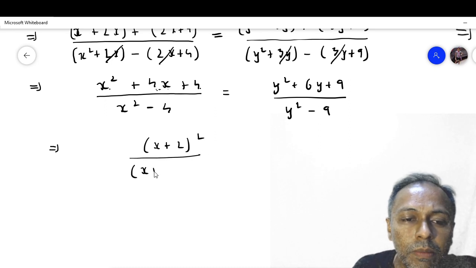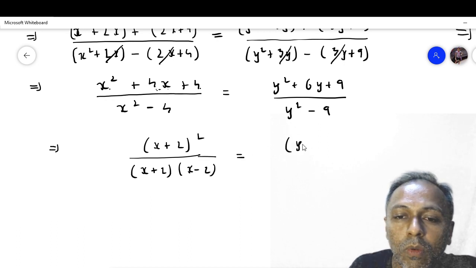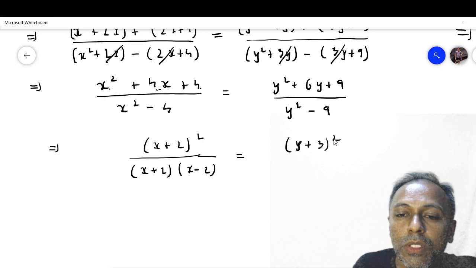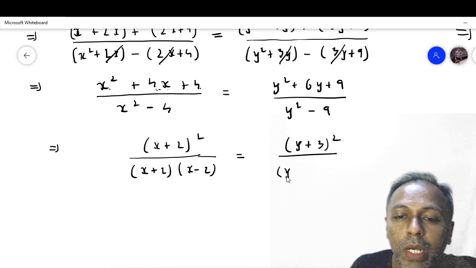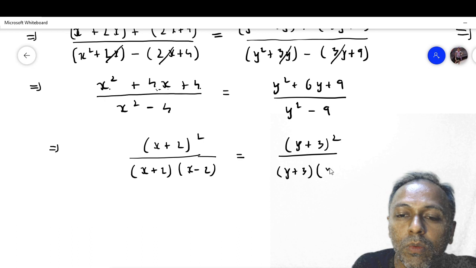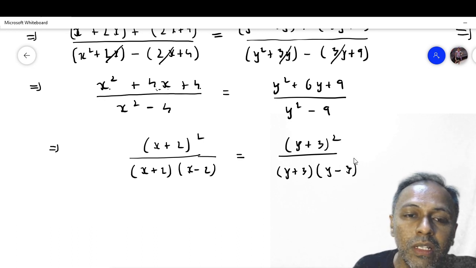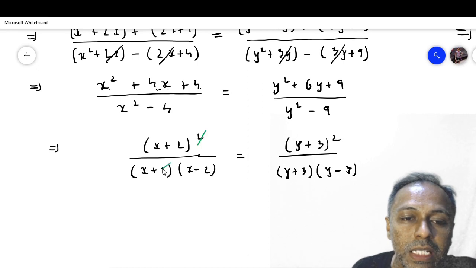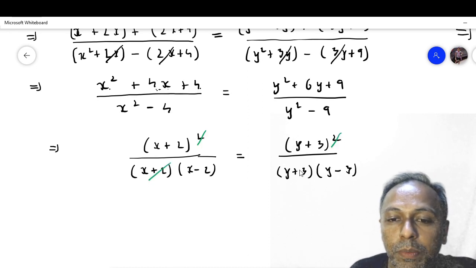Upon a square minus b square is x plus 2 into x minus 2 is equal to y plus 3 the whole square upon y plus 3 into y minus 3. We have a chance to cancel out the common factor. We can cancel out x plus 2 and y plus 3.